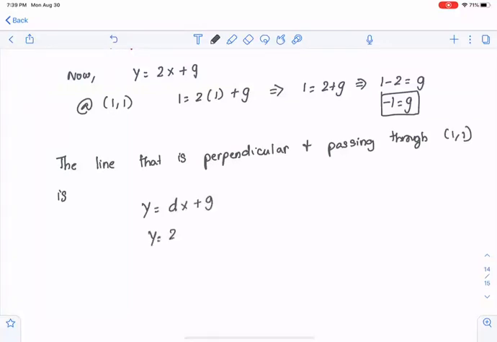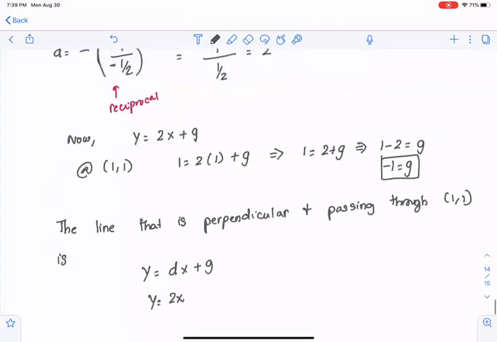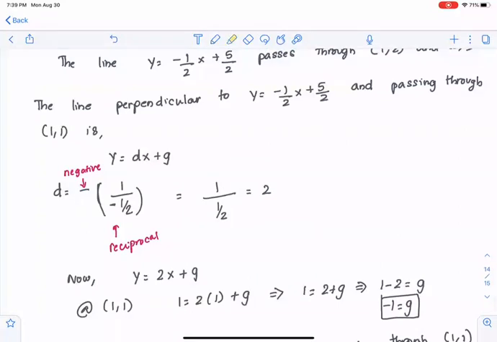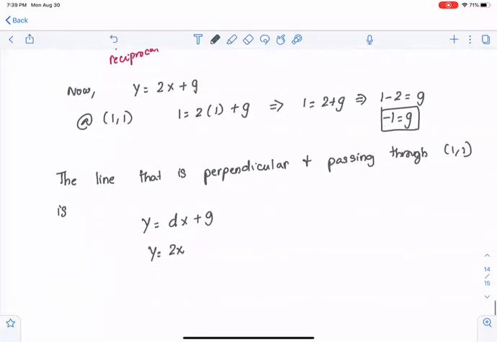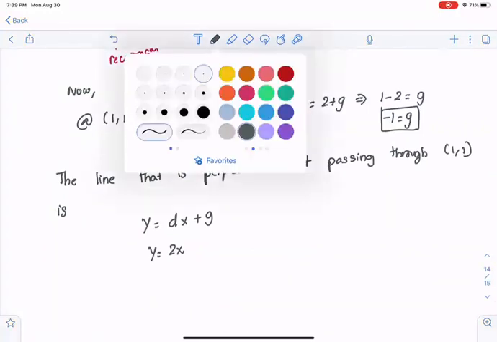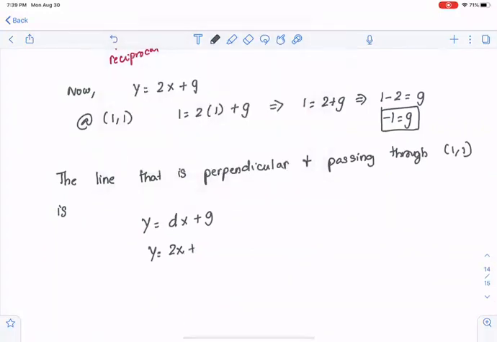We found d to be 2, which is the negative reciprocal of the original slope, which is negative half, plus g, so plus negative 1, which is simply 2x minus 1.